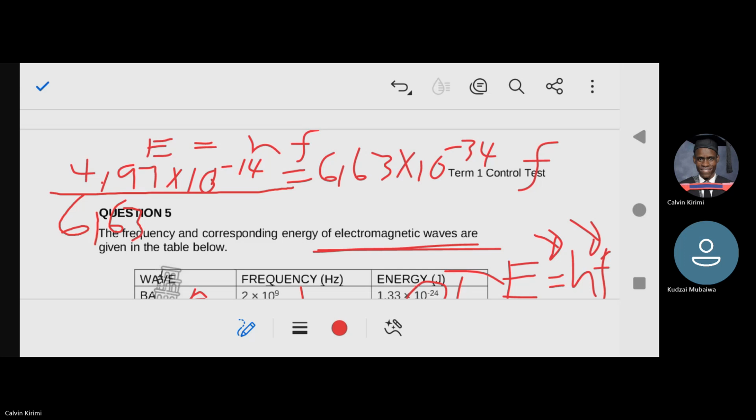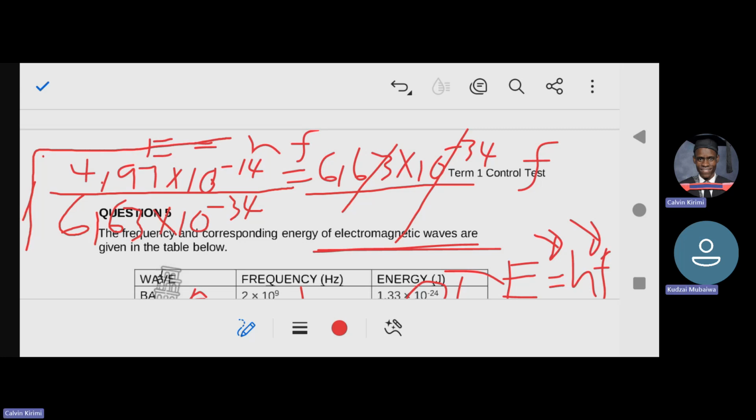63 times 10 to the power negative 34. When you divide here it cancels out. So that is your value for F. When you punch in your calculator, what are you going to get when you simplify this? Punch it.